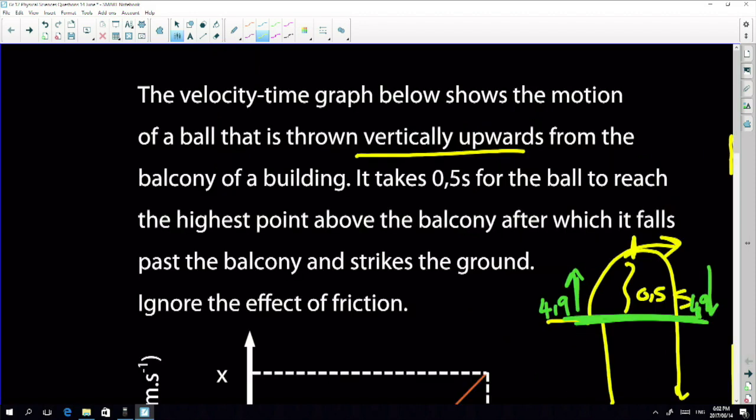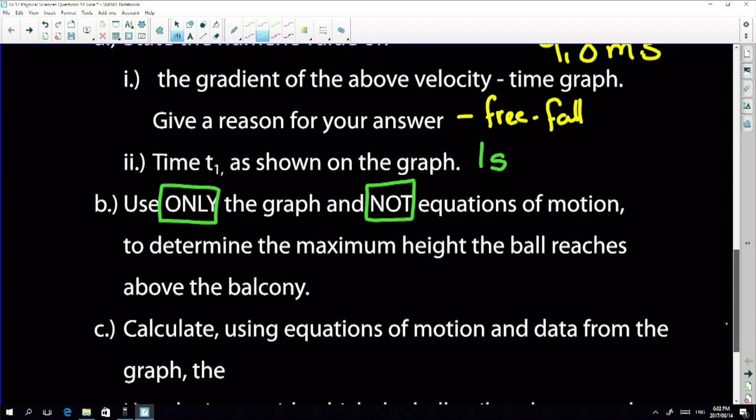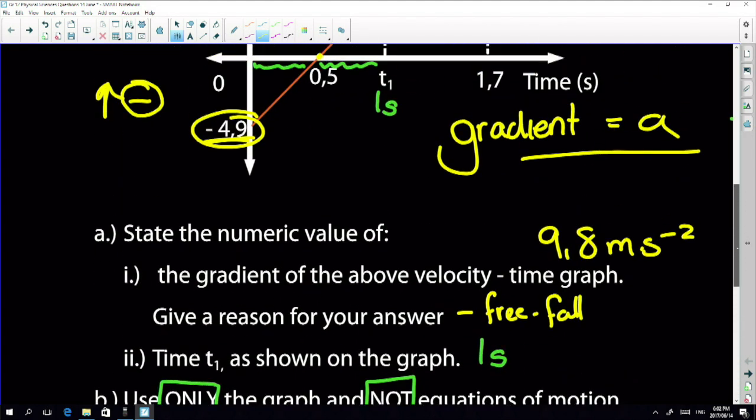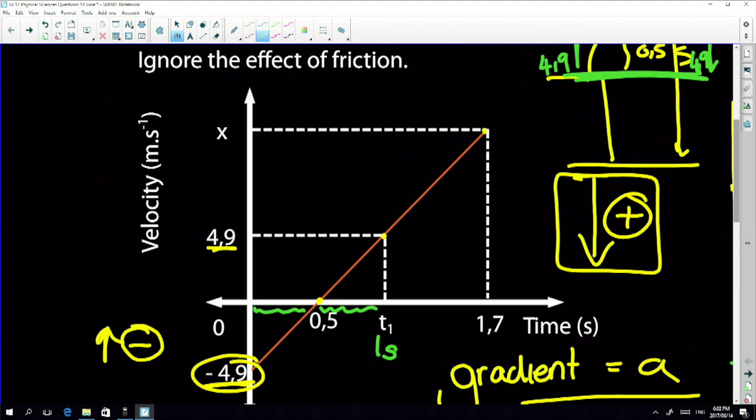Now they say to us, look at question C. Calculate, using equations of motion, the velocity with which the ball strikes the ground. Now they're saying I can't use the graph in the traditional sense of area or gradient. They say using equations of motion. So I look at this and I go, well, I want this velocity, and I've got to look at the information I'm given.